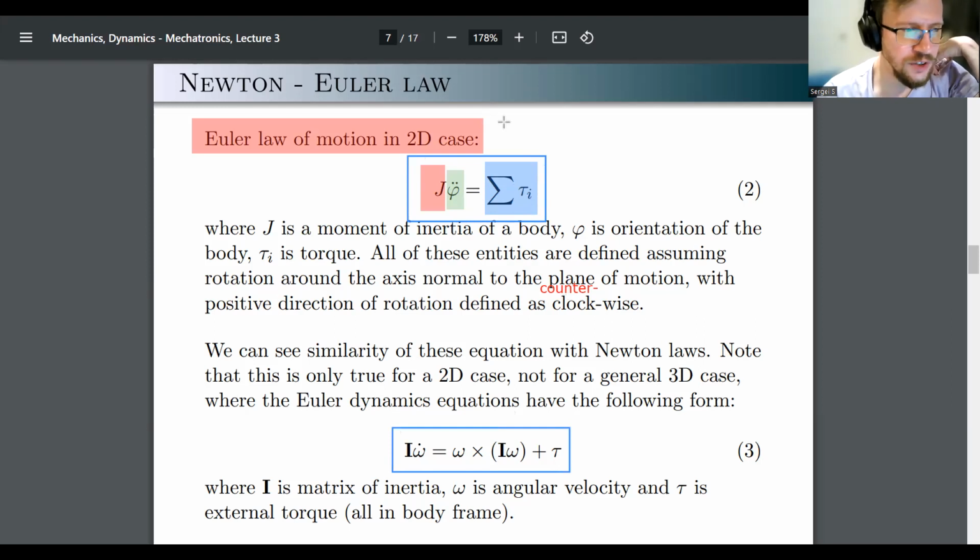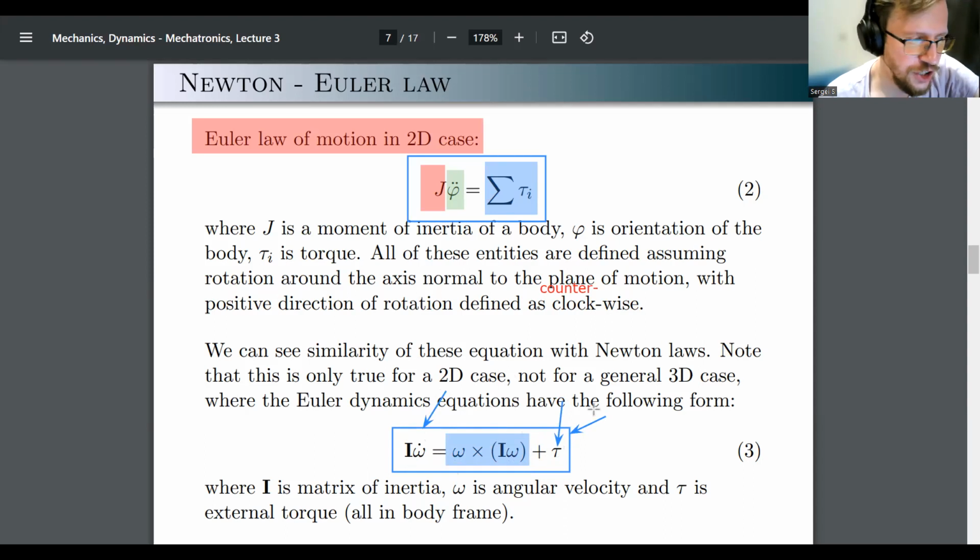And if you're going to work with, let's say, drones or underwater robots, anything where you have a rigid body moving through space, you have to use this equation. You would see here that inertia times the derivative of angular velocity is equal not only to torque, but torque plus this additional component, which is quite interesting.